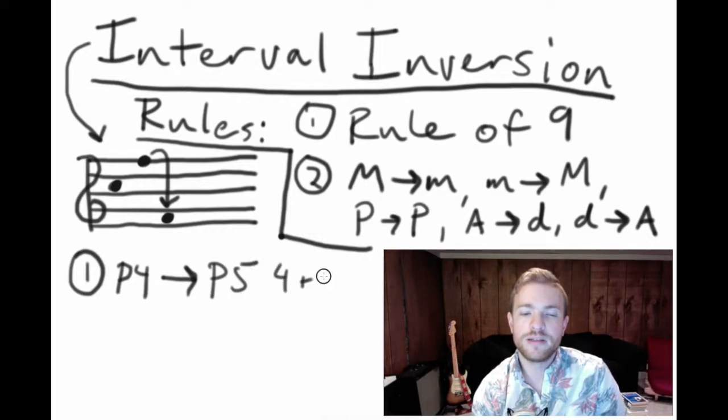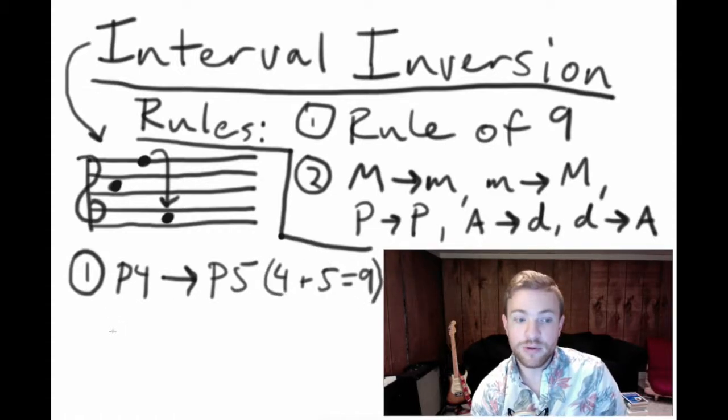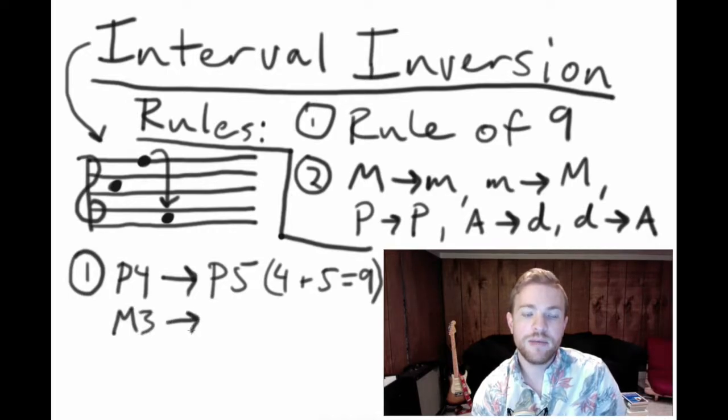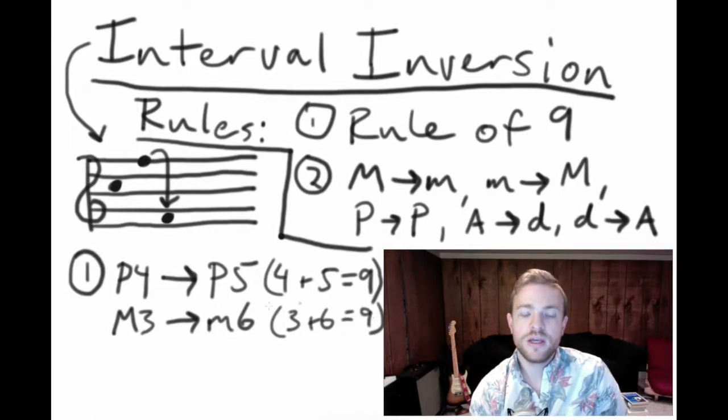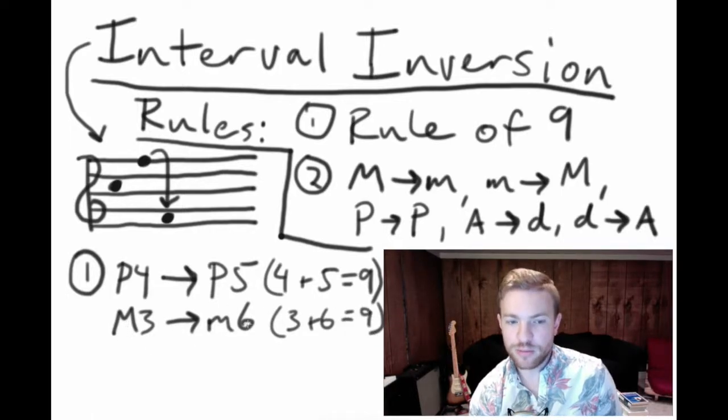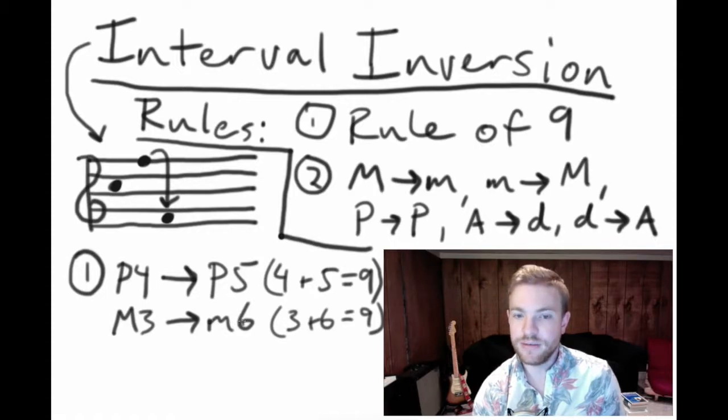So 4 plus 5 equals 9, right? As another example, a major third will become a minor sixth when it's inverted, because 3 plus 6 equals 9. And now you might have noticed that the major third became a minor sixth, right?